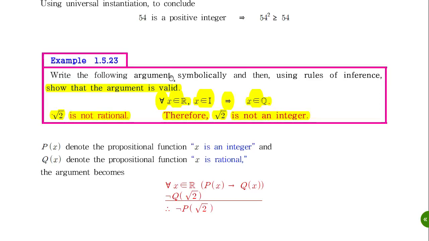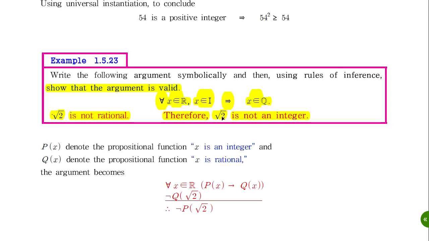Write the following argument symbolically and then use rules of inference to show that the argument is valid. Here, for all x, if x is an integer, then x should be a rational number. So if this is valid, then q is not rational.